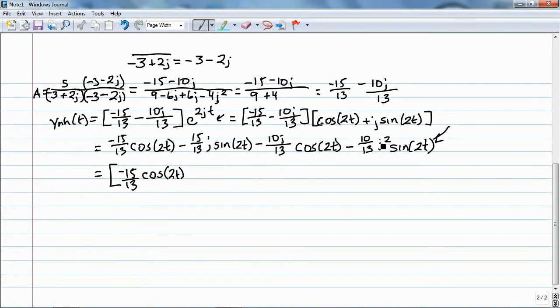J squared is negative 1. Negative 1 times this will give me plus 10 thirteenths sine of 2t.